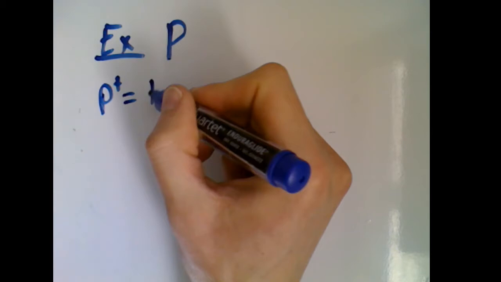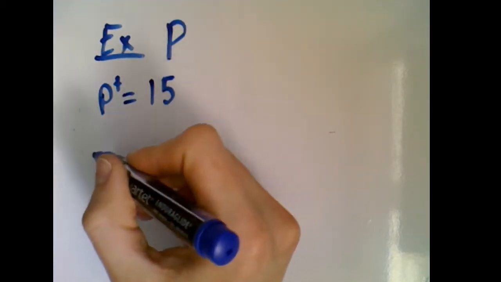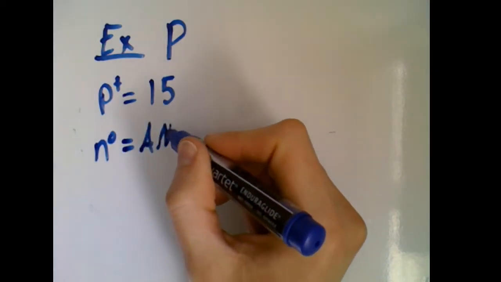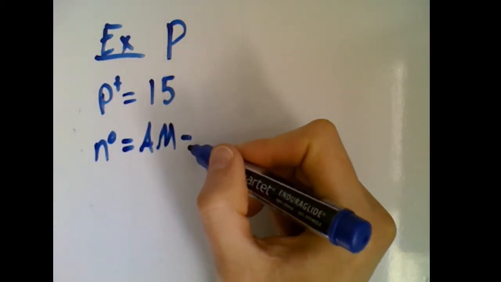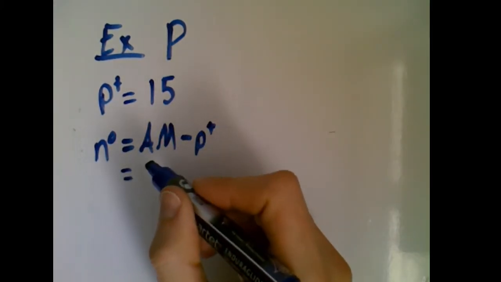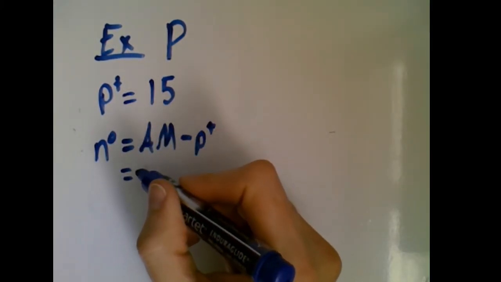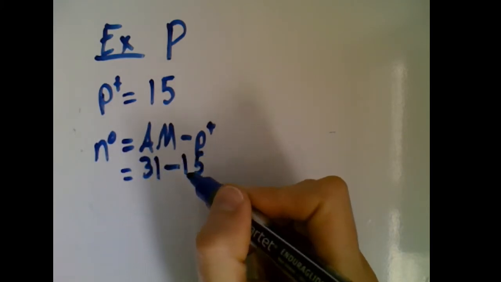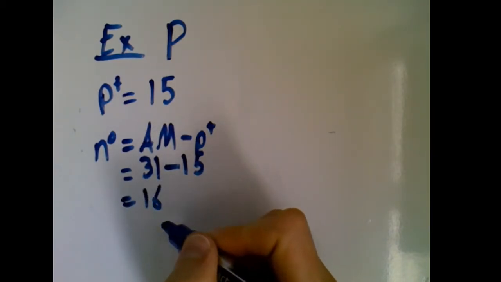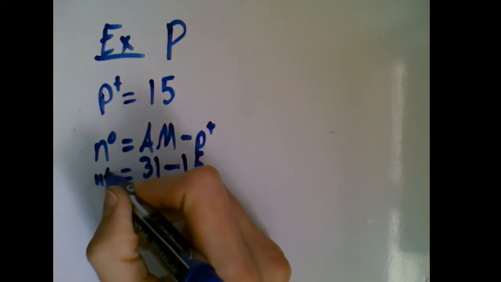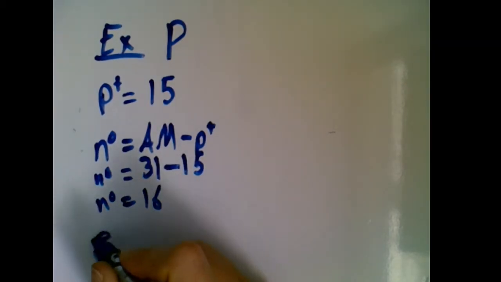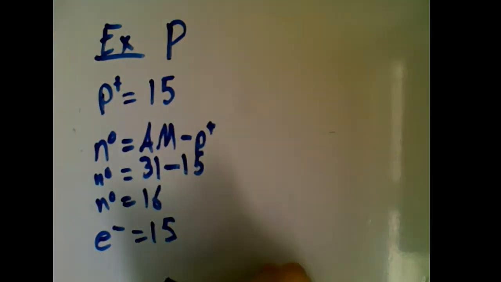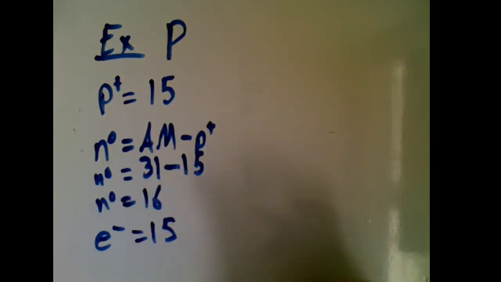So phosphorus is atomic number 15, so it has 15 protons. Neutrons, remember, is the atomic mass minus the number of protons. And so the atomic mass for phosphorus is 30.97, we round that to 31, minus the 15 protons, you get 16 neutrons. So that's how many neutrons we have in phosphorus. There's no charge shown in the top right-hand corner, so protons and electrons have to be the same. So we have 15 electrons.